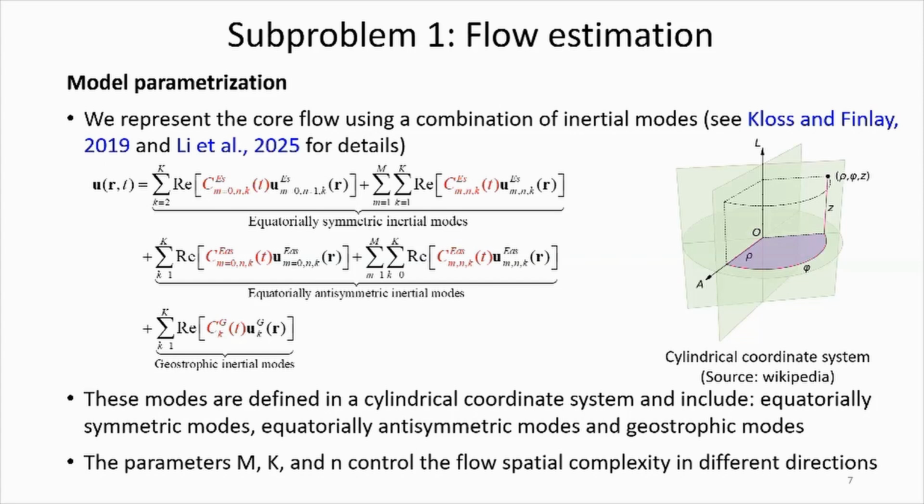The parameters m, k, and n account for the spatial complexity of the flow in different directions, and the c coefficients are the unknown flow mode coefficients.